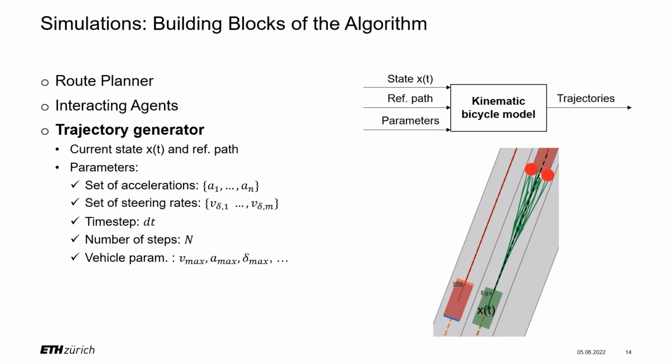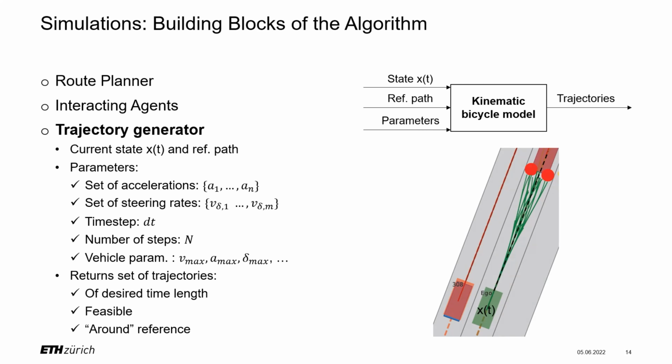Given this set of information, we compute a set of trajectories which are kinematically feasible under a single track bicycle model of the desired time length and representative of actions around the reference. As you can see in the image, we are generating trajectories which more or less follow the reference, but give some freedom of choice.